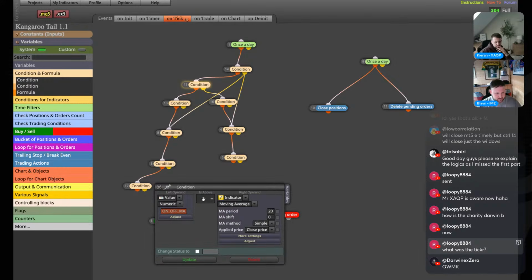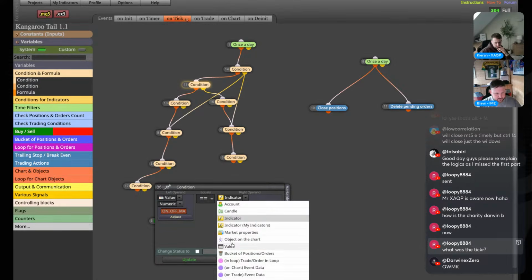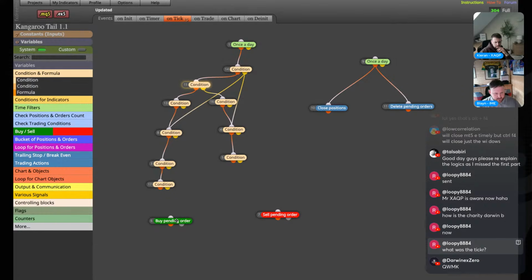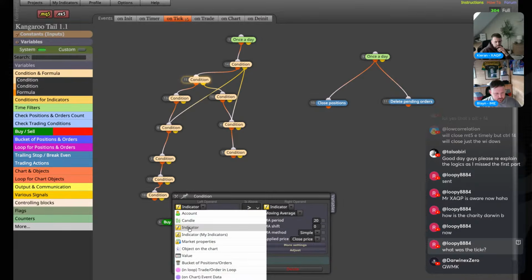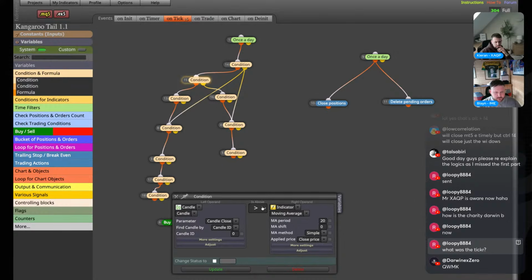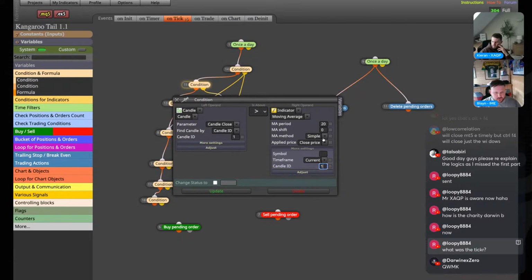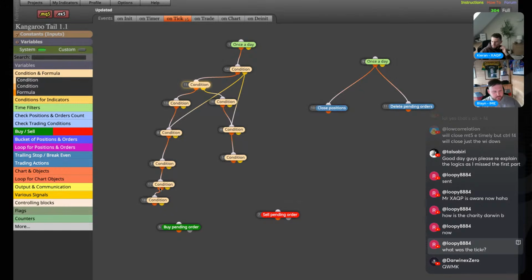On off. And again, if we meet that condition, then candle close. I need to bring this up a bit. Candle close 1 above the moving average of 1. Let's just do simple for now.